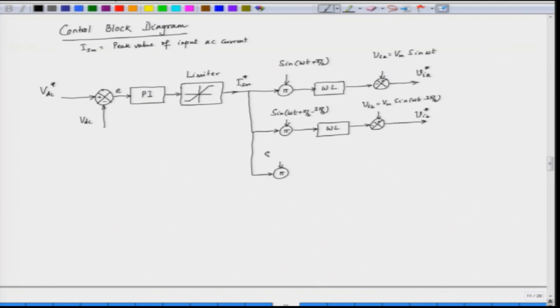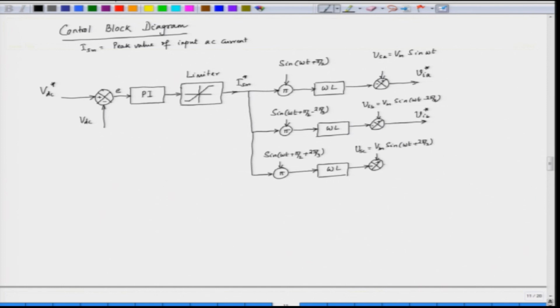In a similar fashion, we get the C phase also. For phase C, this is sin(omega t plus pi by 2 plus 2 pi by 3). We again multiply by the reactance omega L, then we have a subtractor, and here we get VSC by means of a sensor, which is Vm sin(omega t plus 2 pi by 3).